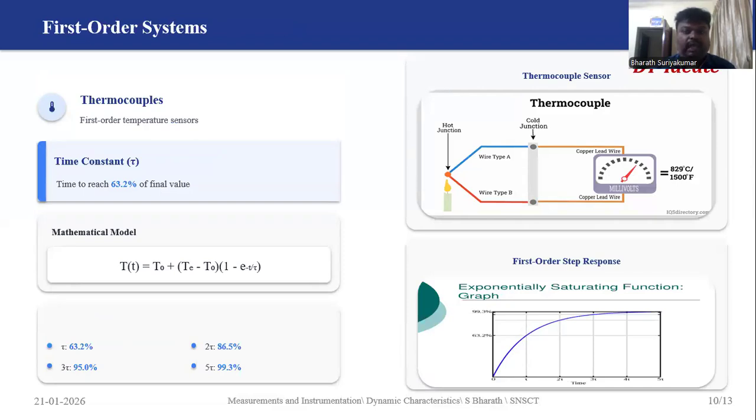Thermocouples are an excellent example of a first order temperature sensor. The time taken to reach 63.2% of its final value is the time constant. You can see the image of a thermocouple in the figure.